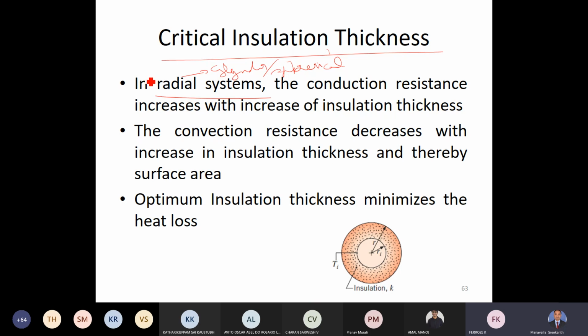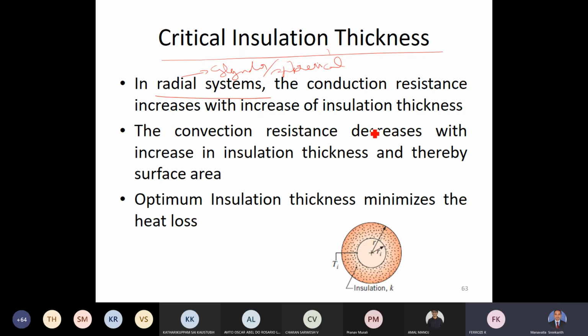So whatever critical insulation thickness we are talking about doesn't apply for a slab, but it applies for cylinders and spheres only. Why? We shall see shortly.